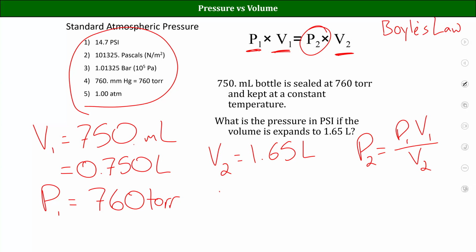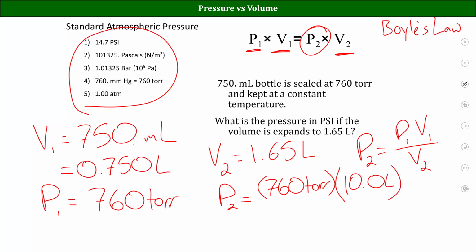We just plug everything in. 760 torr times 0.750 liters, divided by 1.65 liters.